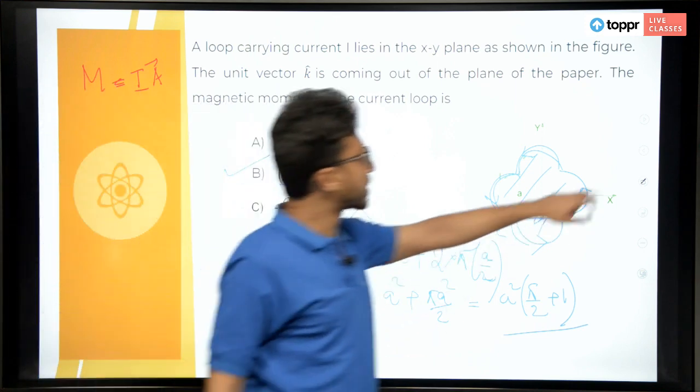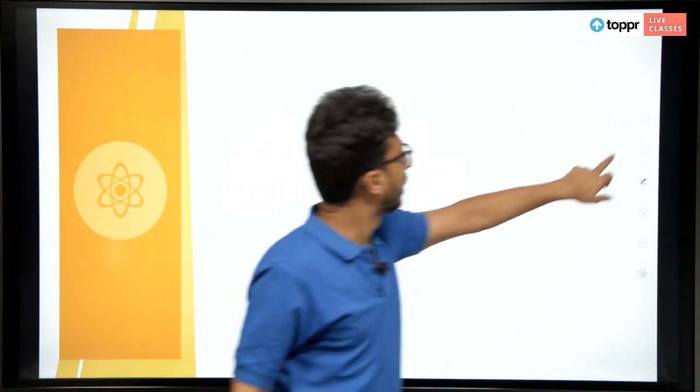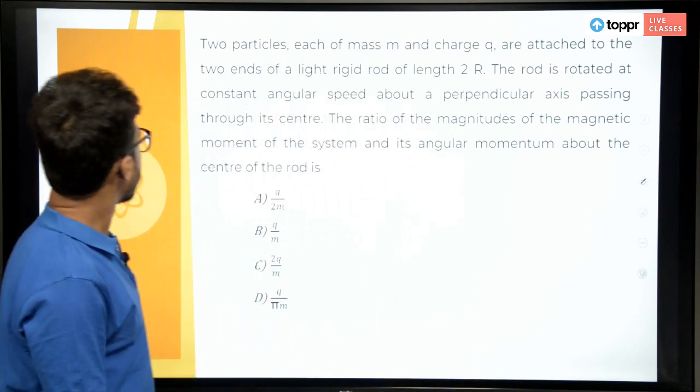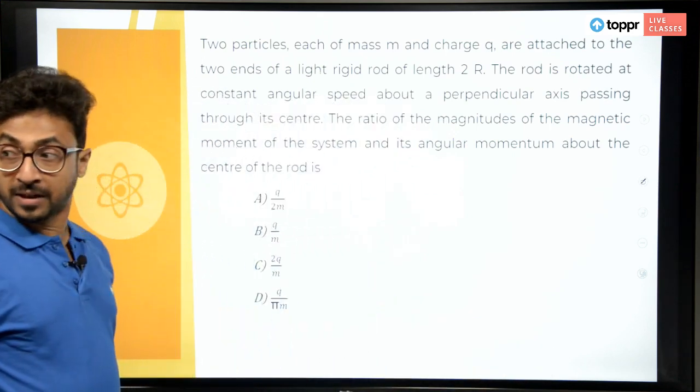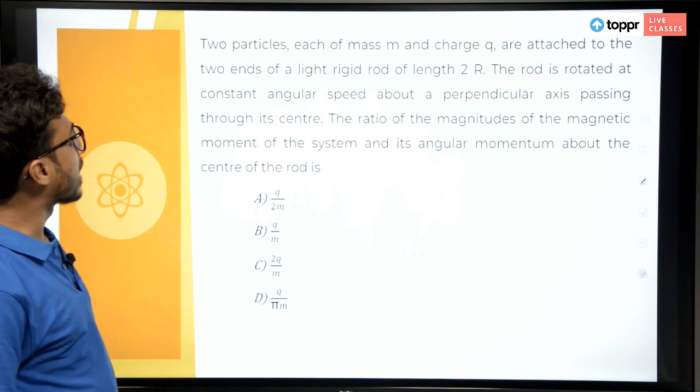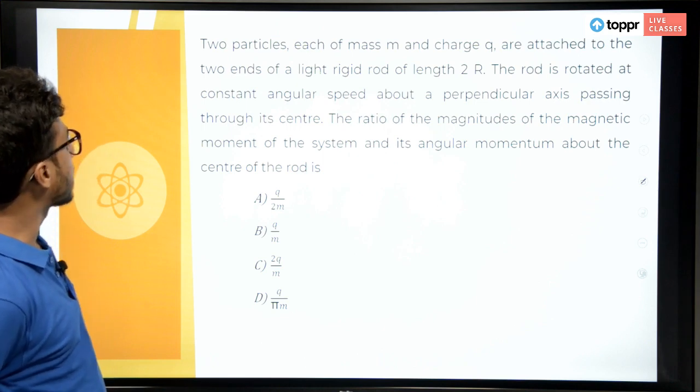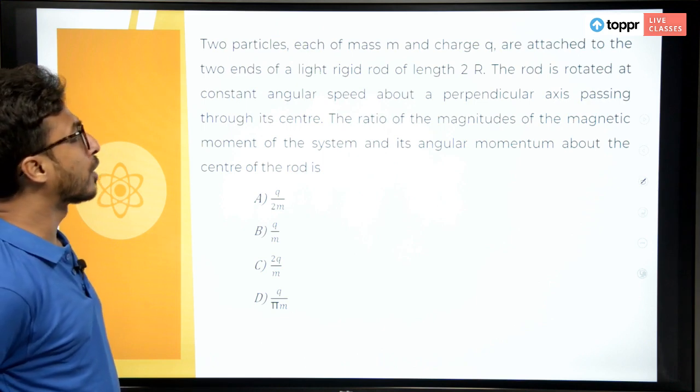Okay, our next question. Two particles, each of mass m and charge q, are attached to the two ends of a light rigid rod of length 2r.